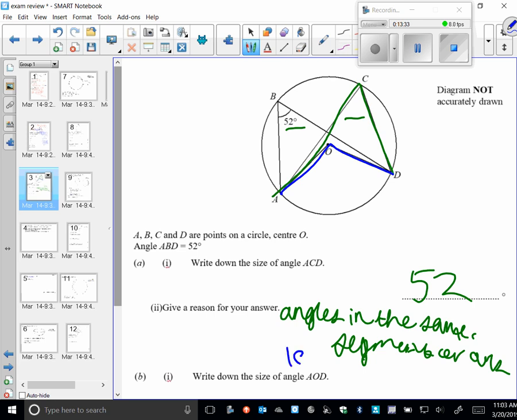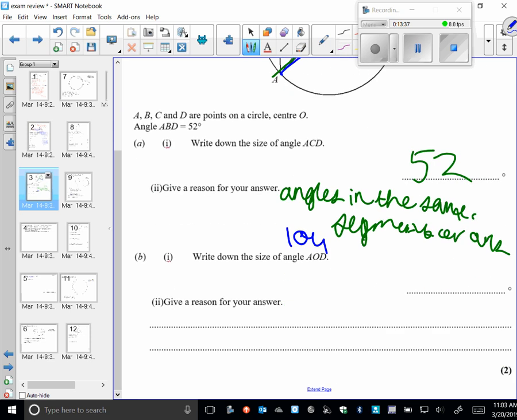It's literally like twice the outer angle.